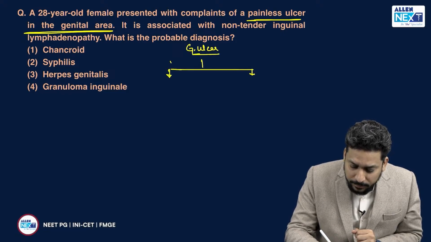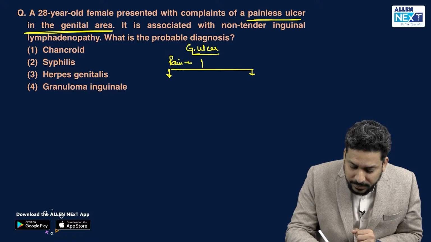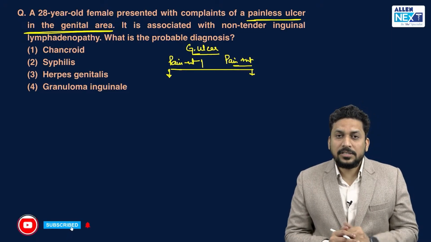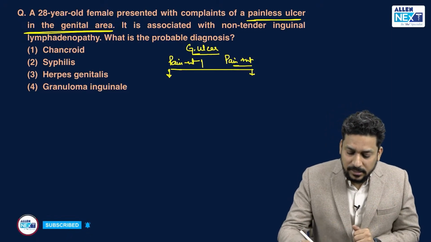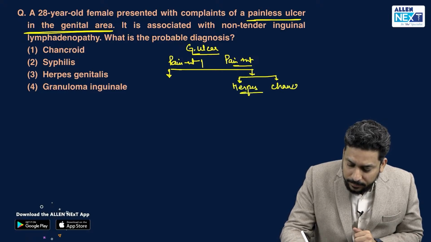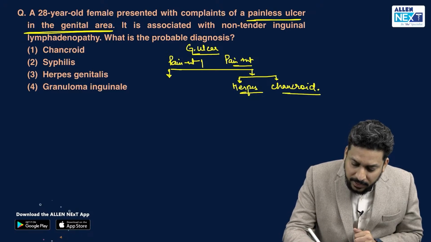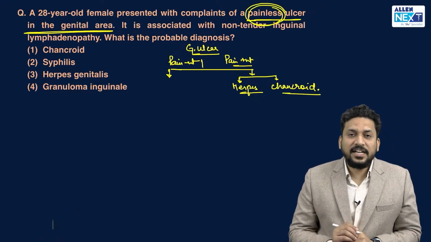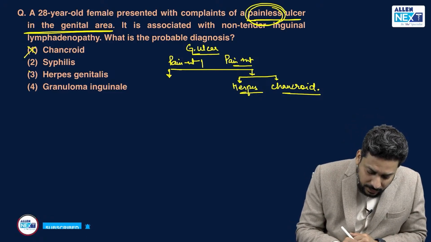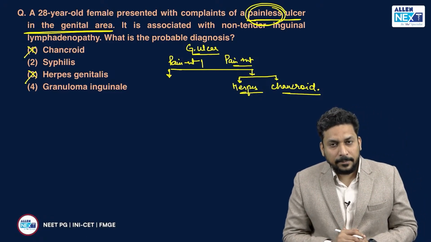If pain is absent or if pain is present, it can take you to the answer, because painful genital ulcers are seen in herpes and chancroid. But here painless genital ulcer is written, so obviously chancroid and herpes is not the answer.